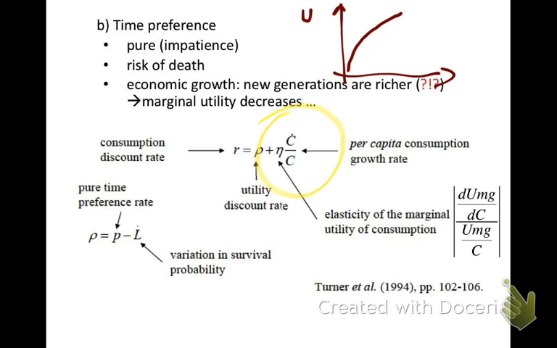And because of this, it is ethically acceptable to give a premium to the present generation, and to give a lower value to money in the future, because people in the future will be richer than today. Here is the elasticity of the marginal utility of consumption, and this is the growth rate.